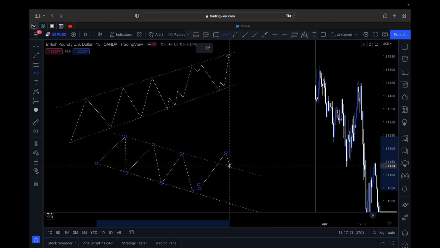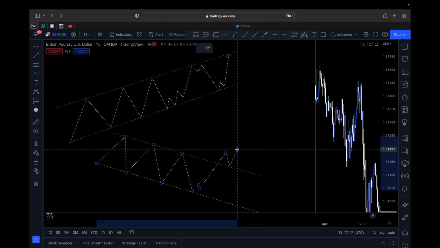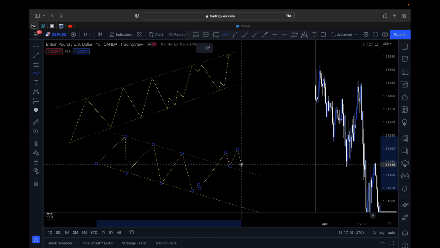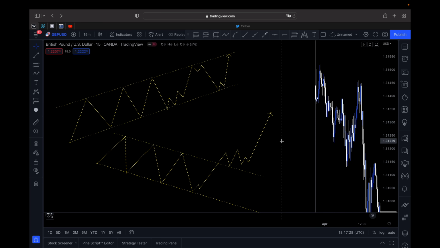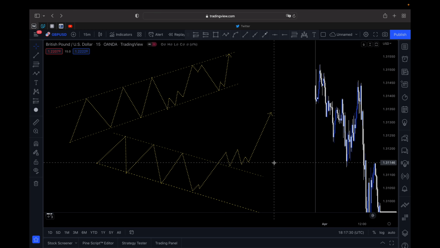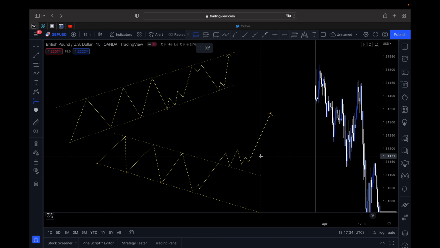If price creates one here, you wait for the break of this place here and here back, and you move down to the 15 minutes time frame and look for something like this. This is where you take your entry, the break of this place, and here entry.